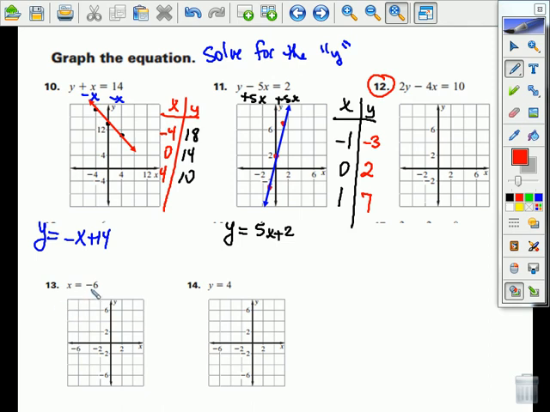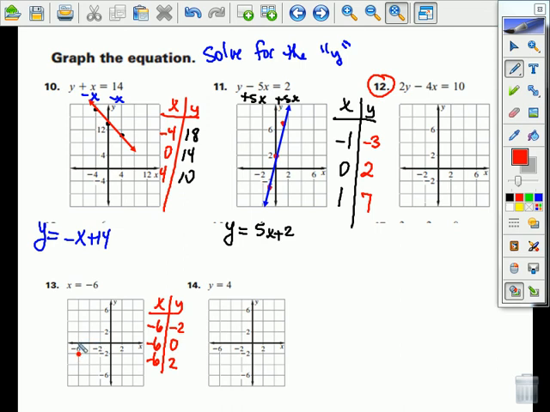We have x equals -6. So if I made a table for this, my answer for x the whole time is -6, -6, -6. My y, I can make a -2 and a 0 and a 2. It doesn't really matter. So at -6, I get a -2.